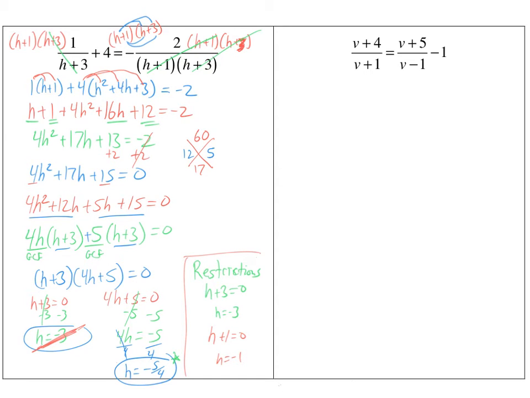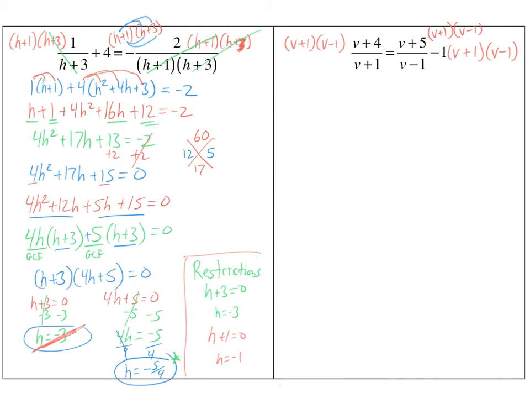So we're going to multiply everything by both denominators, which would be v plus 1, v minus 1. You're going to multiply this right here times v plus 1, v minus 1. And you're going to multiply by v plus 1, v minus 1. So we took both denominators, made it the LCD, and multiplied every piece by it.